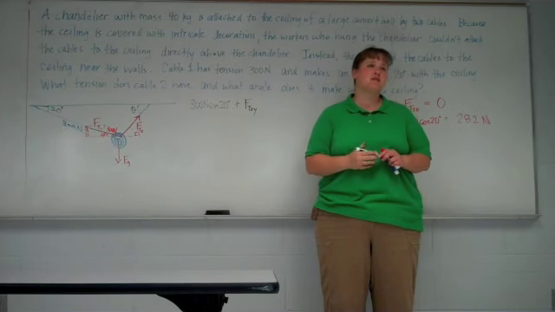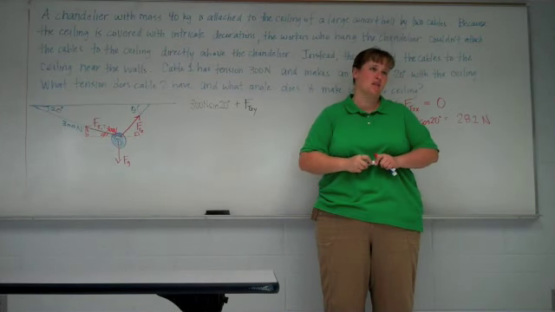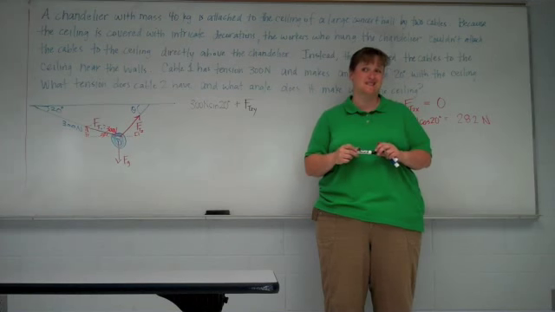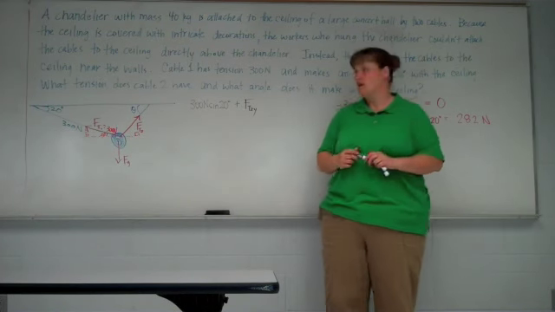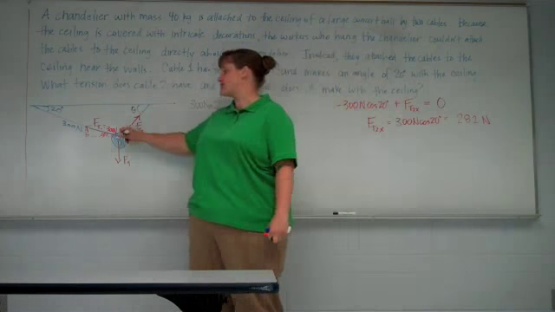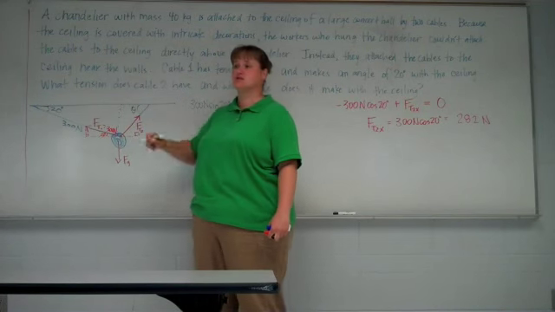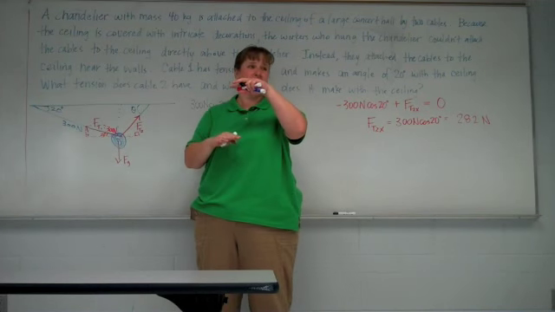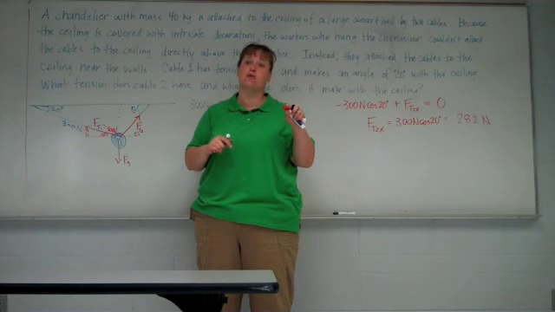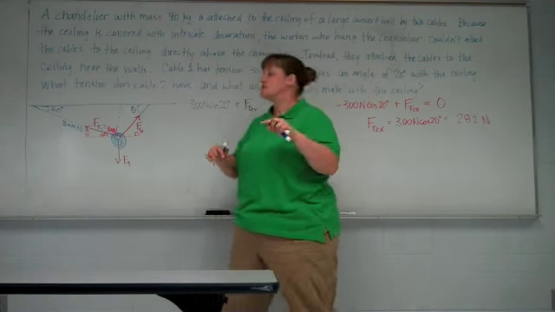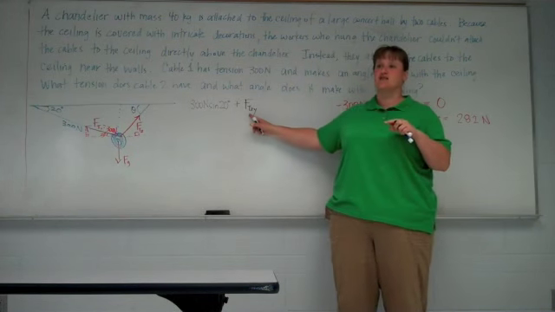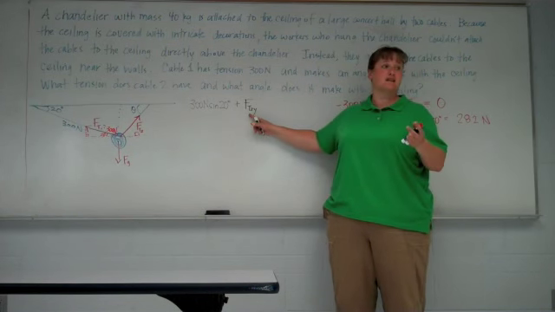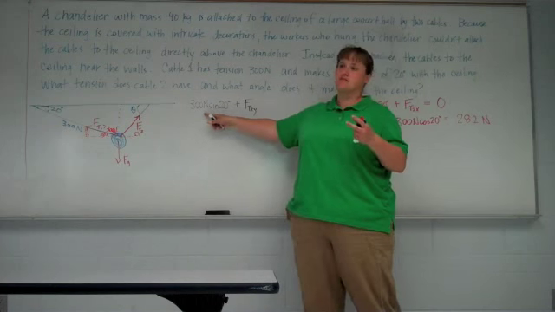Now please, the common mistake is to think the y component of force of tension 2 is the same as the y component of force of tension 1. And that's because the actual y distance in meters for both cables is the same. That vertical distance is the same, but that does not make the vertical forces the same. So we need to leave this as force of tension 2y so we can figure out what it is. It's not the same as the force of tension 1y.